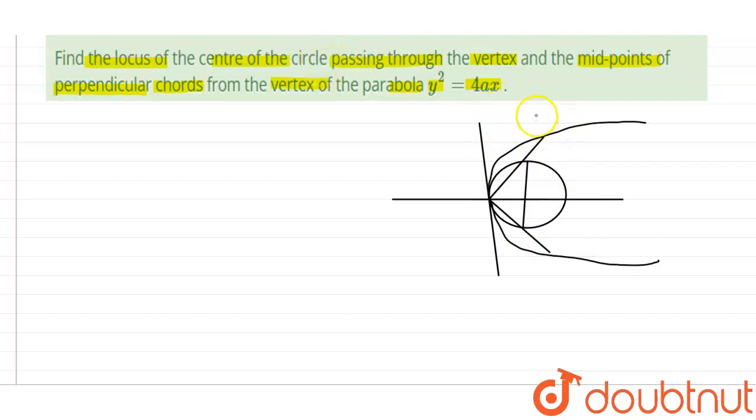If it touches here, that is (at1 square, 2at1).